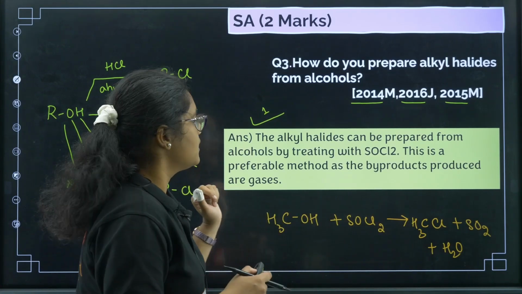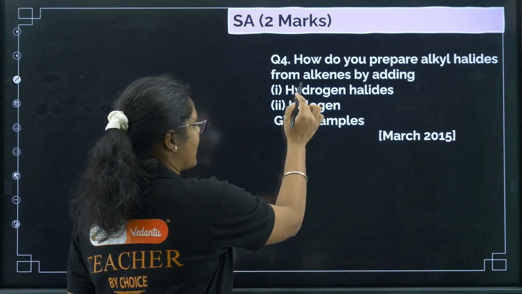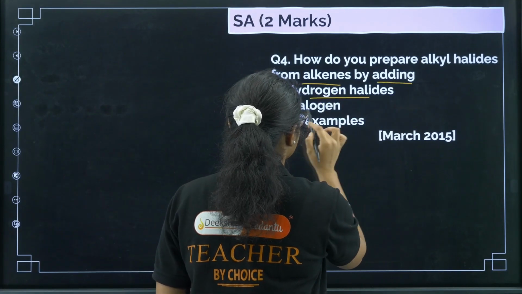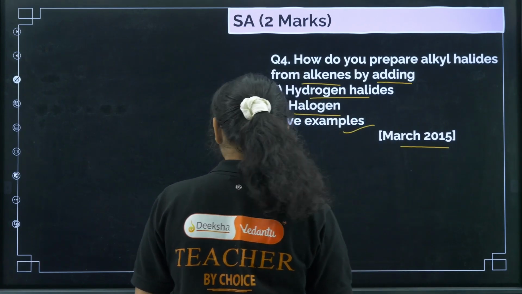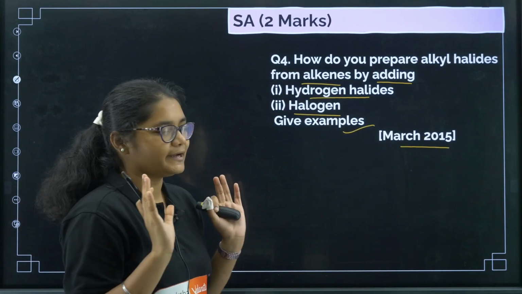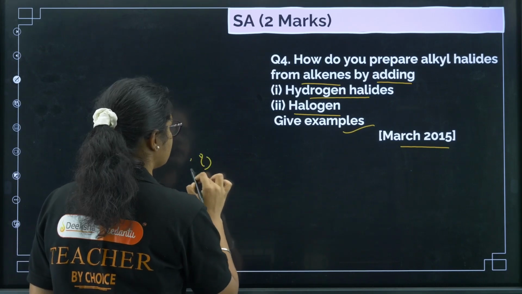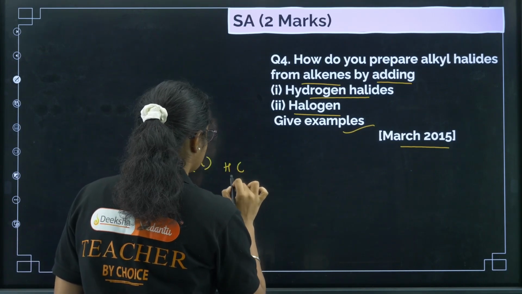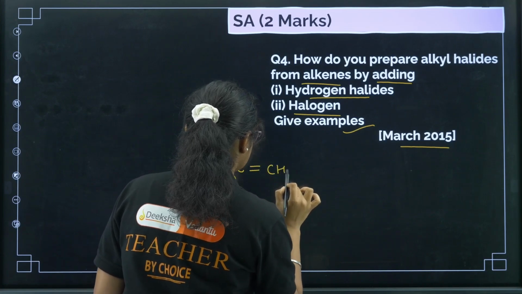Okay, fine. Next we have, how do you prepare alkyl halides from alkenes by adding hydrogen halides and halogen? Okay, give examples. So this question was asked in March 2015. This you just need to write the reactions, okay, nothing else. So first one, the reaction you need to write here, you need to take any alkene. So I am taking, for example, CH2 double bond CH3.